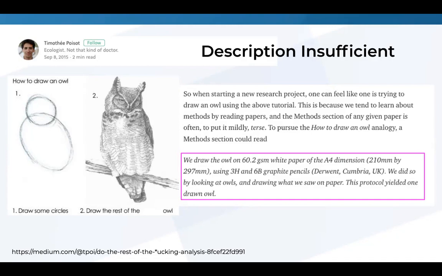We did so by looking at owls and drawing what we saw on paper. This protocol yielded one drawn owl. Of course, again, this is very exaggerated, but oftentimes this is the language that we find in method sections of papers, and it's really not including all the details that we need to actually reproduce this result, right?